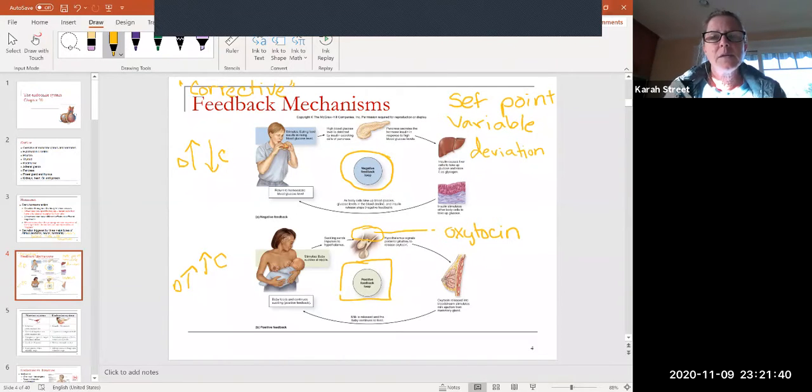Until when? Until finally the cervix is dilated, the uterus is contracting with such force that now the baby is expelled, born, and then the stimulus isn't there anymore.